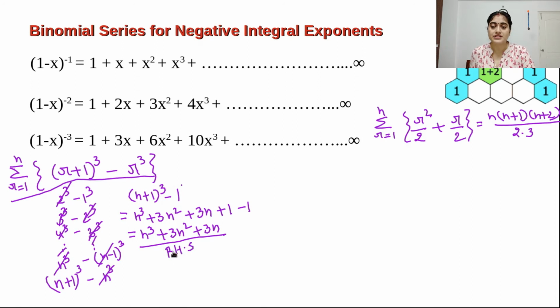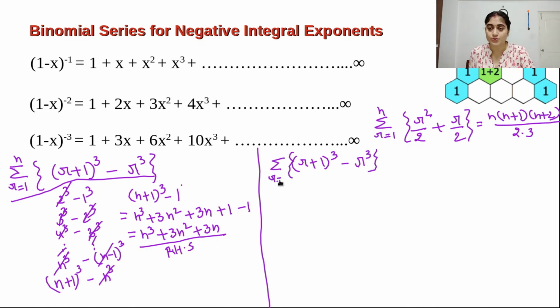Now if I see the left hand side also, it will be the summation of r plus 1 whole cube minus r whole cube. Taking this summation from r equals 1 to n, I simply expand it just like we expanded n plus 1 whole cube. It will be r cube plus 3r square plus 3r plus 1, minus r whole cube.